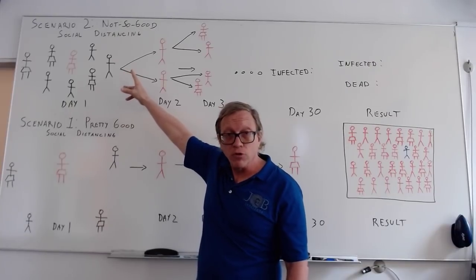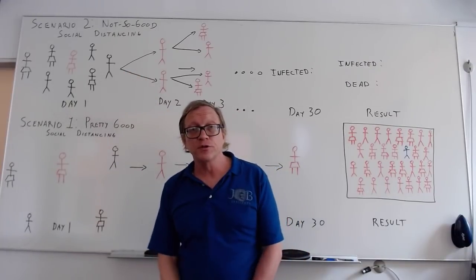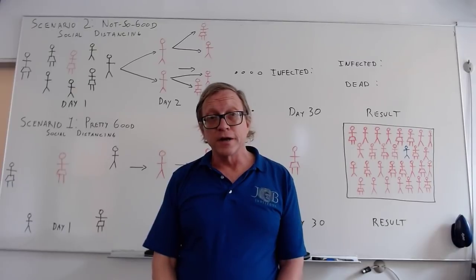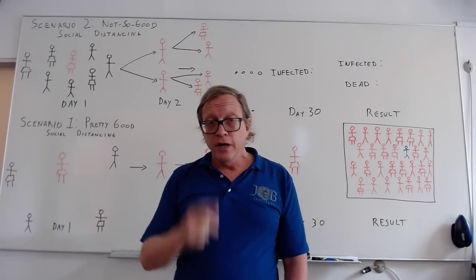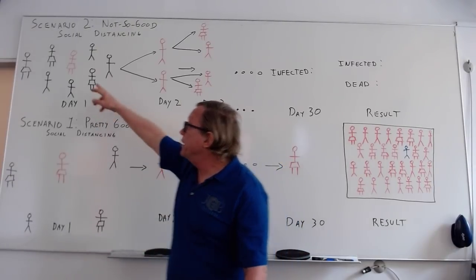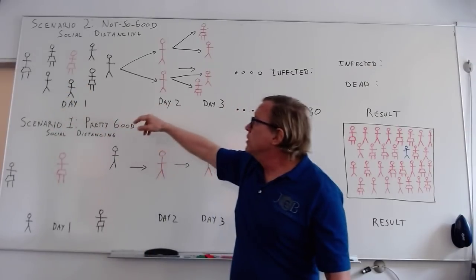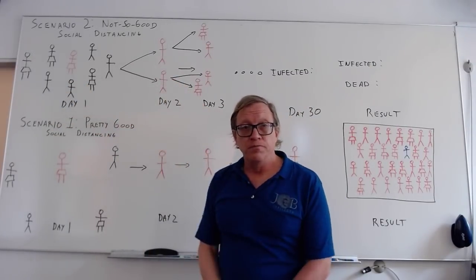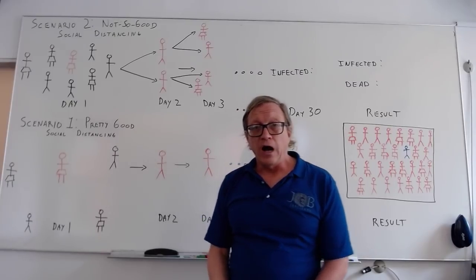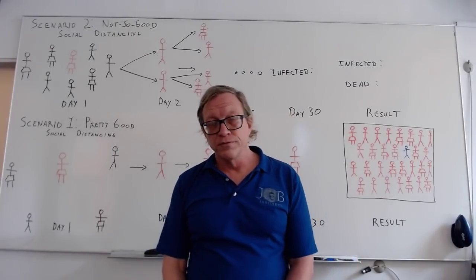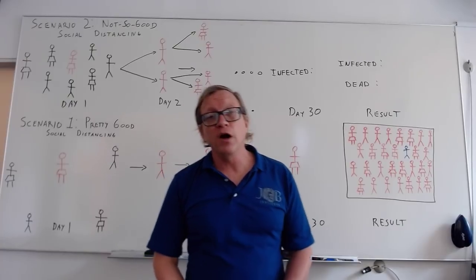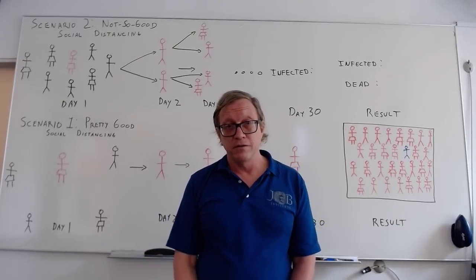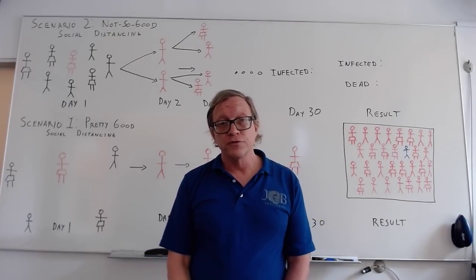It's not terrible. People are still keeping a bit of a distance, but they're going out more. They're not keeping quite as far apart. And in the course of her one day of contagion now, our first victim passes it on to 2 people. Obviously, that's worse. And the first thing that comes to your mind is, gee, that's twice as bad. Things are going to be worse.